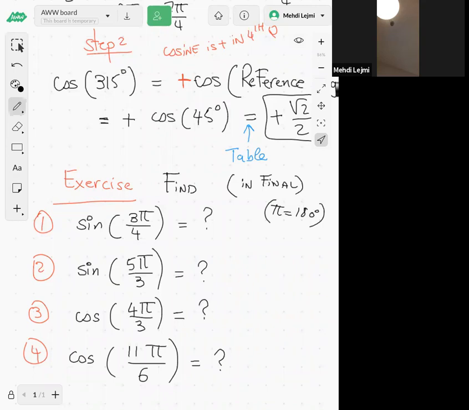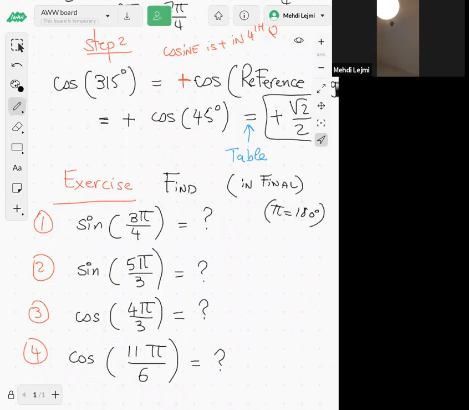Lorden, is that your answer for number 1 or number 3? Not number 3, number 2. Why did you get square root of 2 over 2? That's when you have 45 degrees, pi over 4.